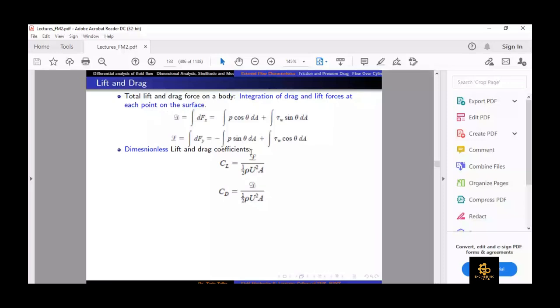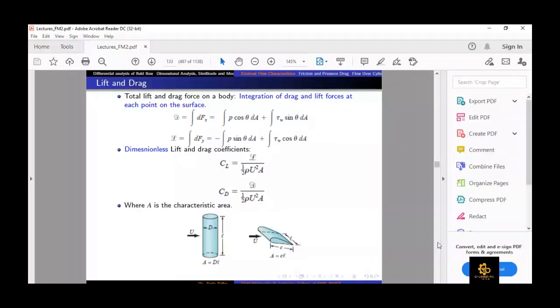Here, we have cancelled out the area, because lift force is directly proportional to area, and drag force is also directly proportional to area. So it only depends on the shape or orientation.